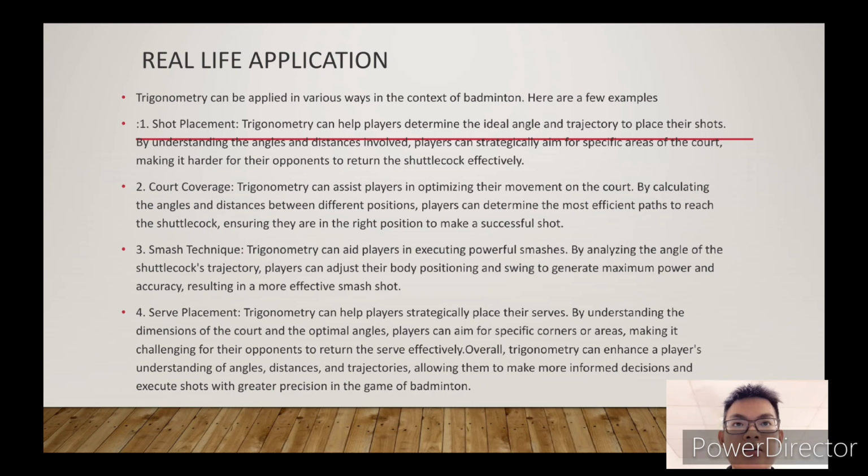Trigonometry can help players determine the ideal angle and trajectory to place their shots.